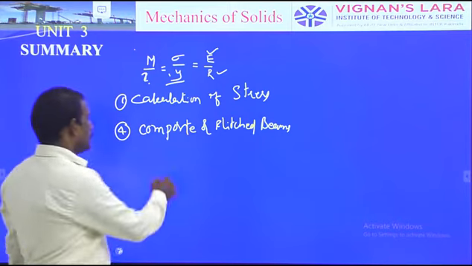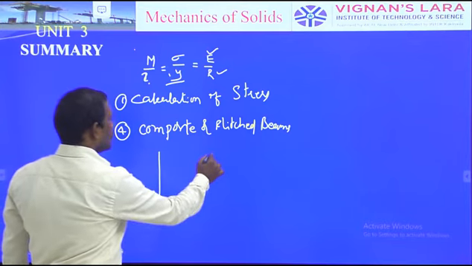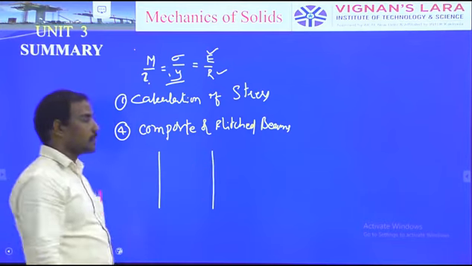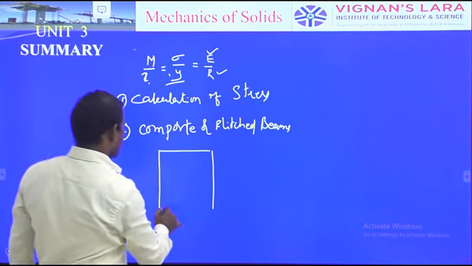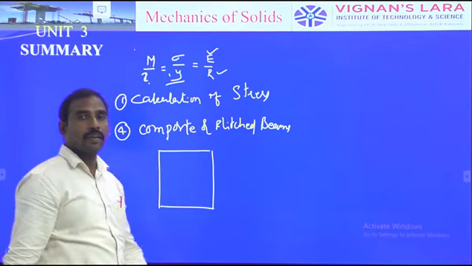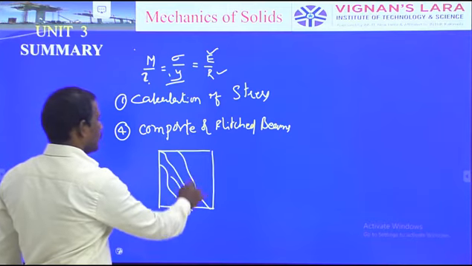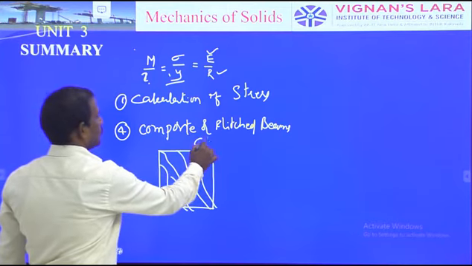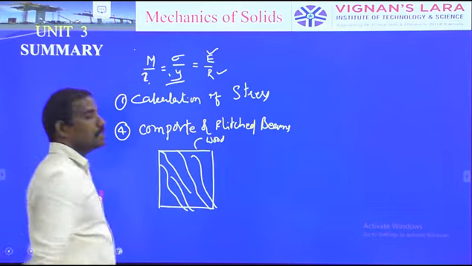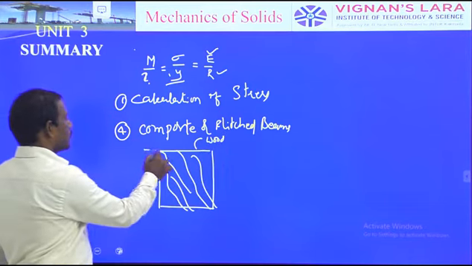It means it is the combination of two or more different materials. Let us say this is one material, for our familiarity, it is wood. This wood is clamped with steel plates.